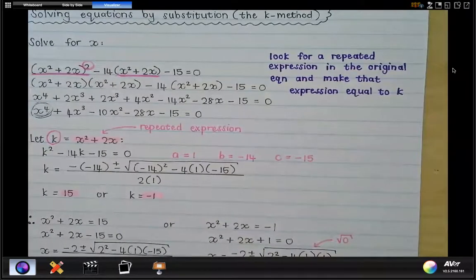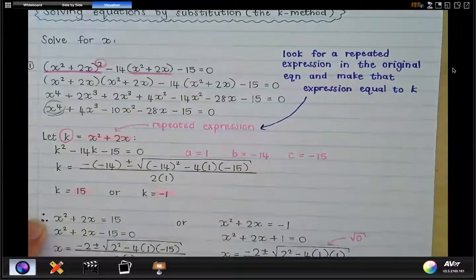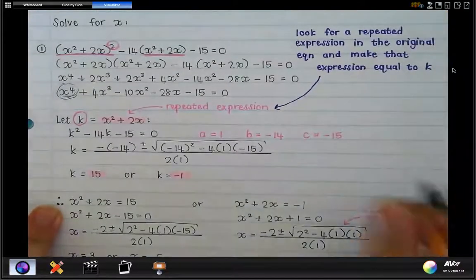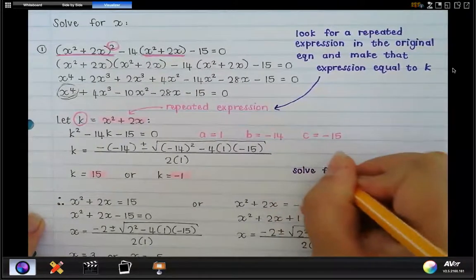All right, so that would actually be the first step. That is what we did there. Then you're going to solve for k.